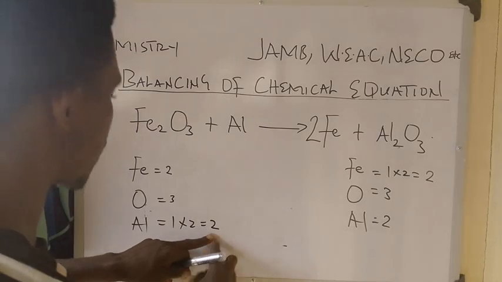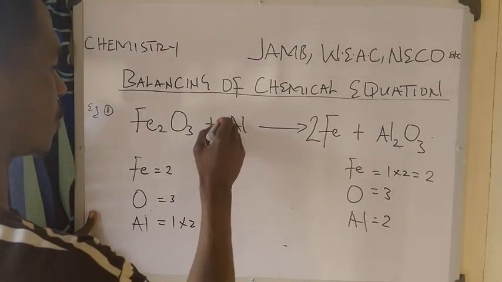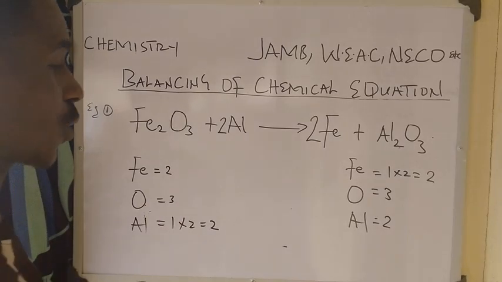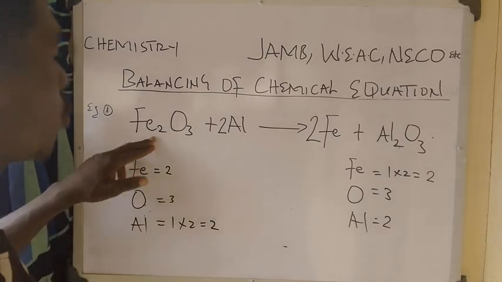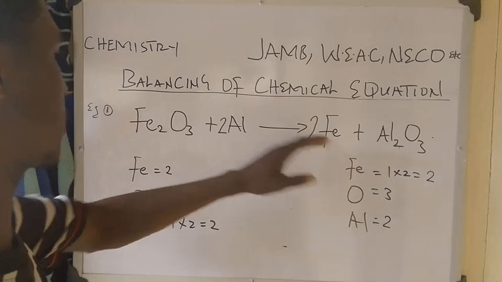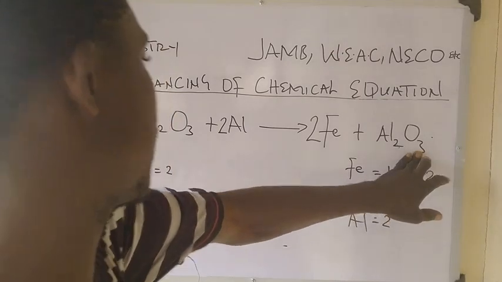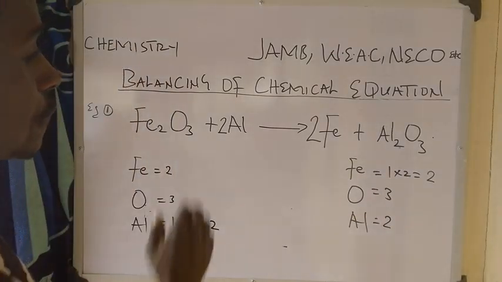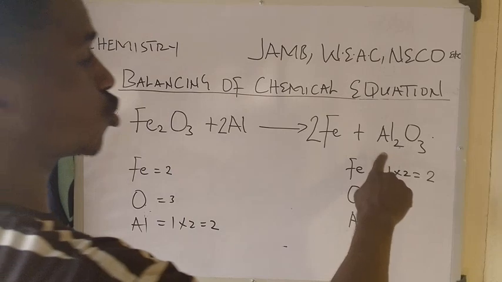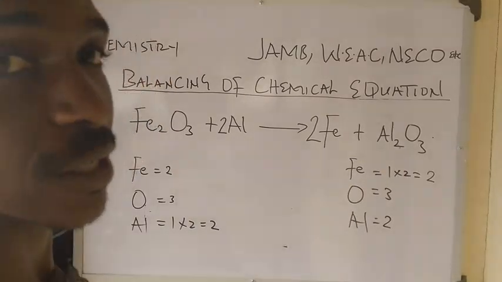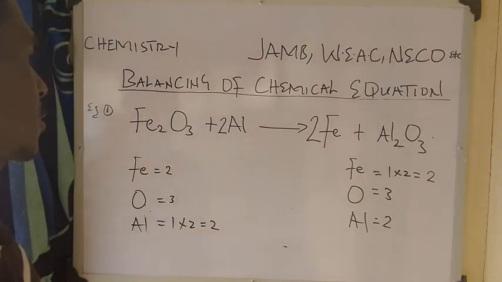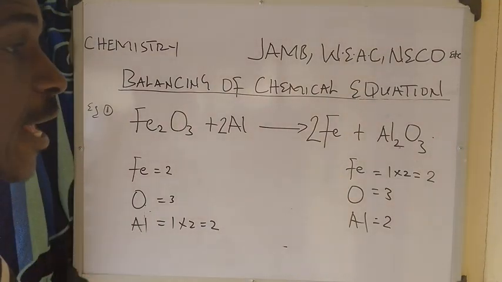So now this very number, you add it to this side. So can you see that 2 iron here, 2 here is balanced. 3 oxygen here, 3 here is balanced. Then I have 2 aluminium here and 2 here. Your equation is balanced. So is it clear?